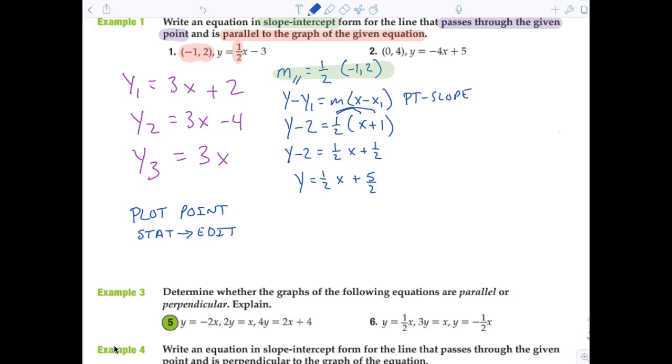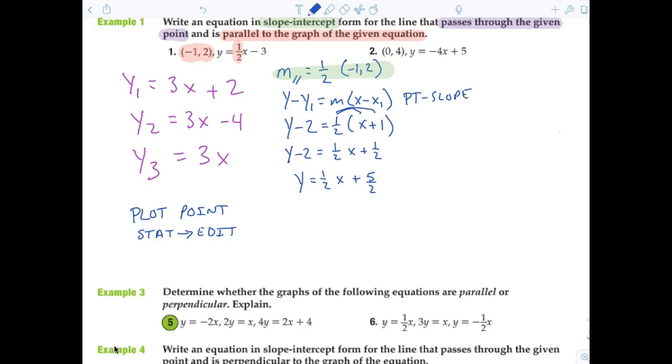All right. Now that that is cleared out, I'm going to show you the quick way. Everybody should be on y1 now, flashing. Right above it, it has a plot 1. I want you to push your arrow up to that and hit enter.